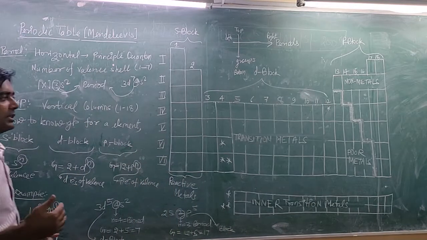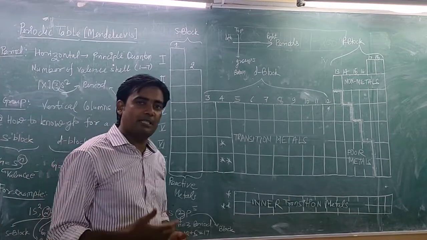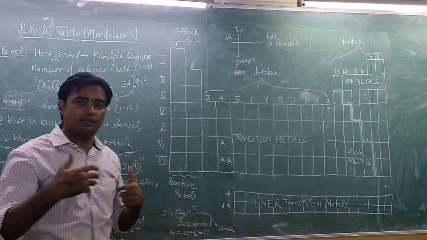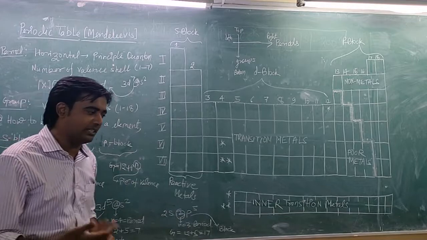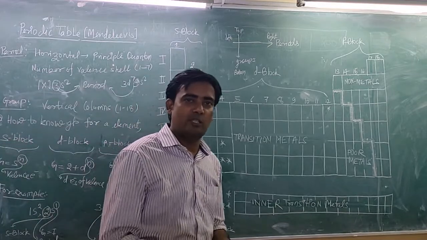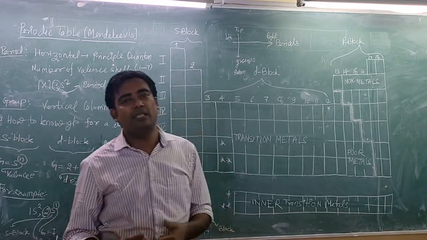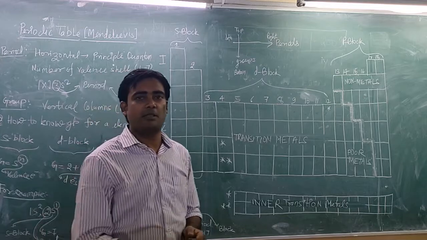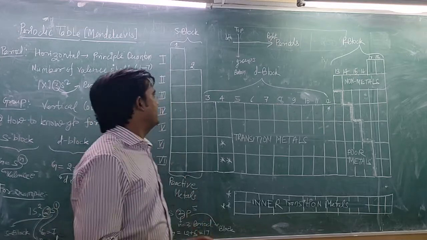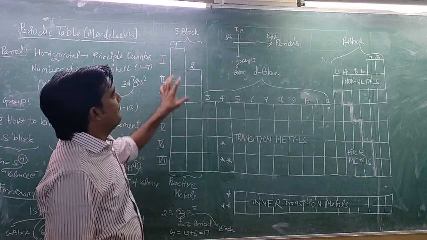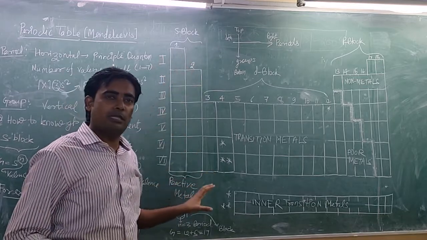We will talk about metal properties, metalloids, poor metals, and reactive metals, and how we can decide whether it is a good metal, reactive metal, poor metal, non-metal or metal, in the next lecture. Today we are just going to discuss the periodic table, periods and groups.